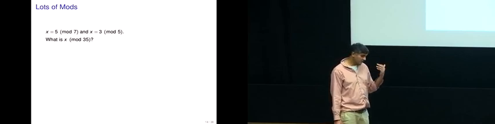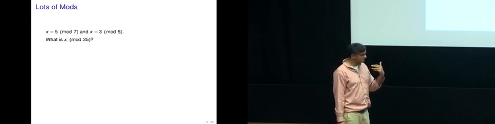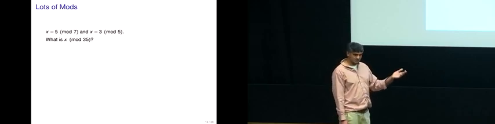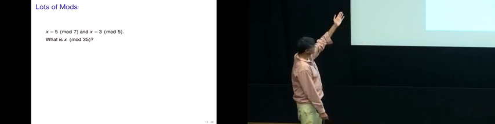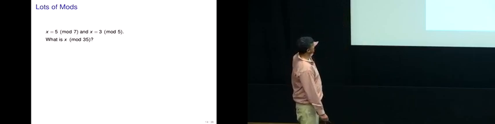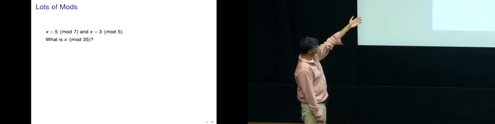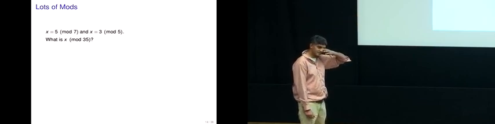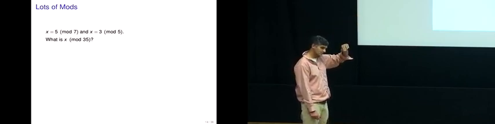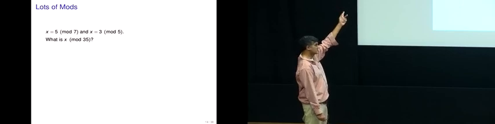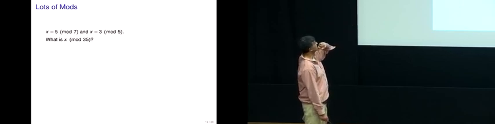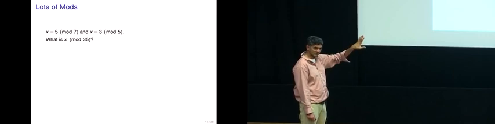So it could be 5, or 5 plus 7, which is 12, and so on. We don't know what it is. It's some integer. And x equals 3 mod 5 is some integer as well, in the equivalence class 3 and 8 and so on. Now if we have these two conditions, x equals 5 mod 7 and x equals 3 mod 5, what is x in some sense?